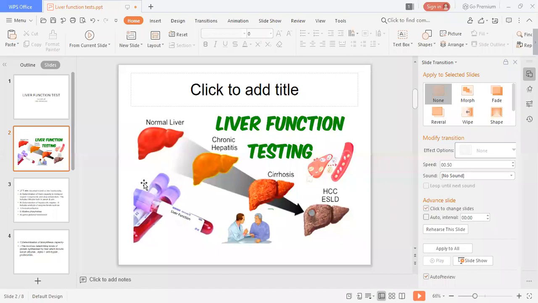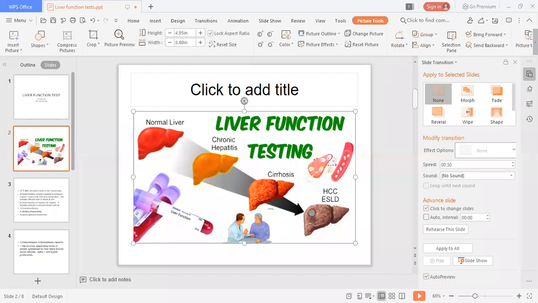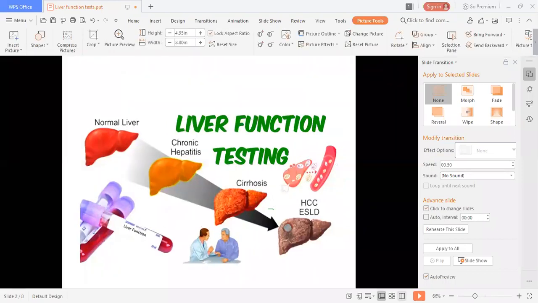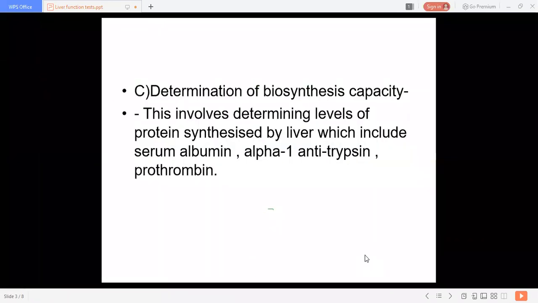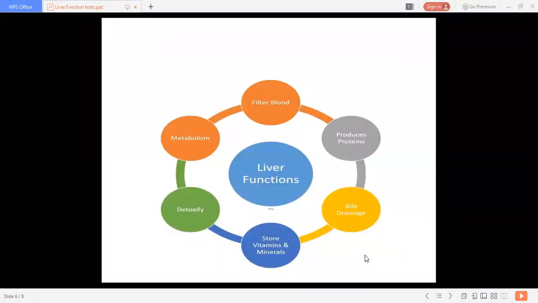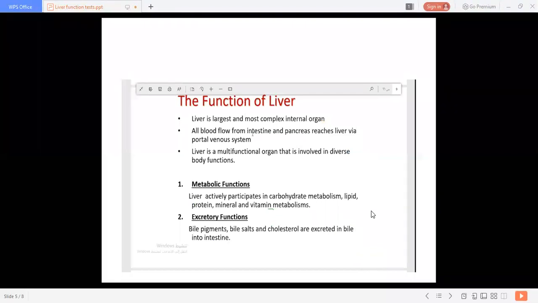There are various functions of the liver. In this slide, it is given that the liver is the largest and most complex internal organ. All blood flow from the intestine and pancreas reaches the liver via the portal venous circulation, which all of you know.